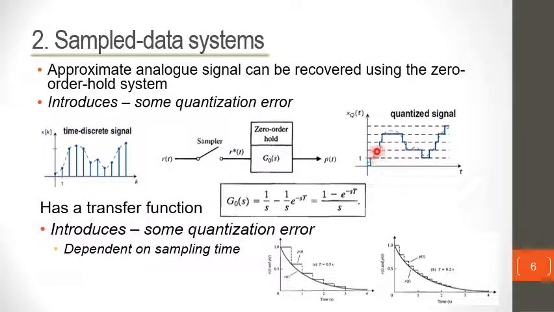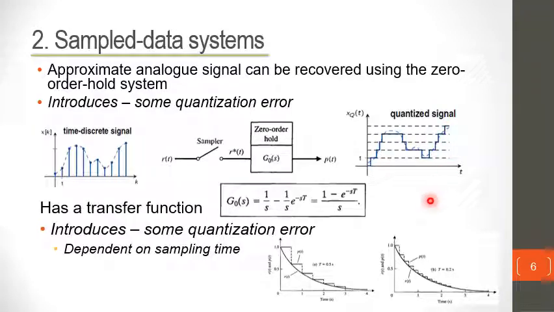You sample another one, hold it until the next sample. You sample another one, hold it. So it will be like a series of staircases. This signal approximates the analog signal that was initially coming into the computer.